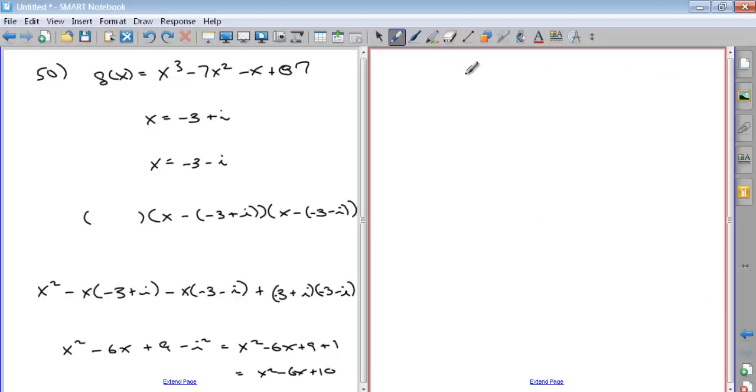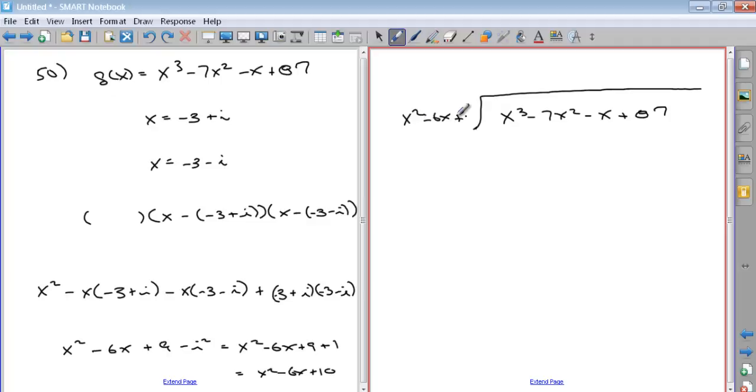And then you have to use long division here. So you take x cubed minus 7x squared minus 11x plus 87 divided by this quadratic, x squared minus 6x plus 10. What do I need to multiply x squared by to get x cubed? Multiply by x. So you get x cubed, x times negative 6x is negative 6x squared, x times 10 is 10x.